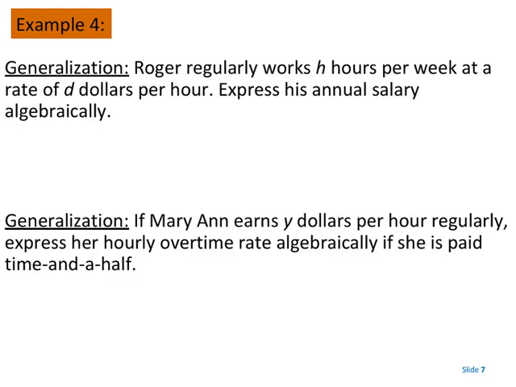There are 52 weeks in a year, so we multiply that by H, which is his hours, and then by D, the dollars he makes. So we write this as 52 times H times D, and that's our general equation.